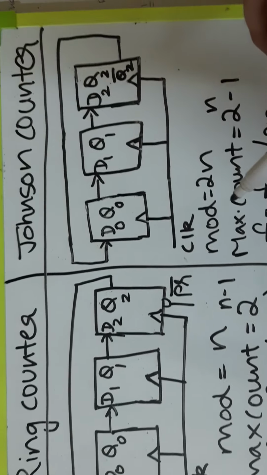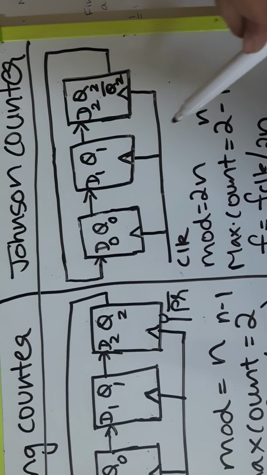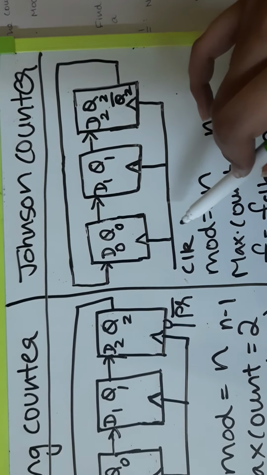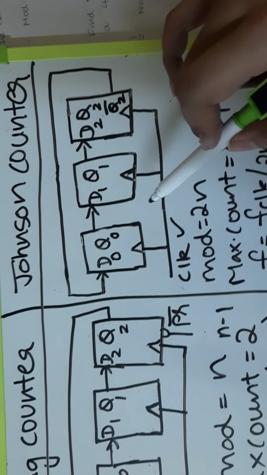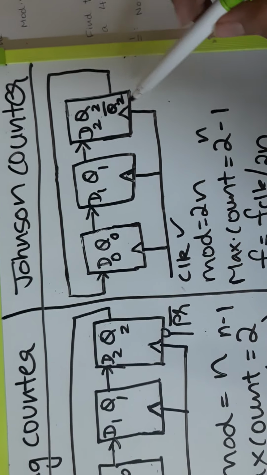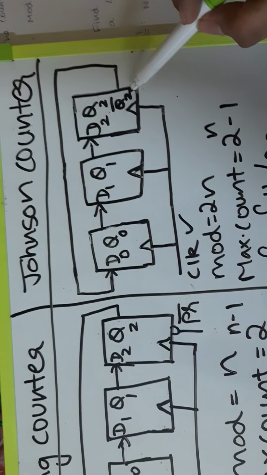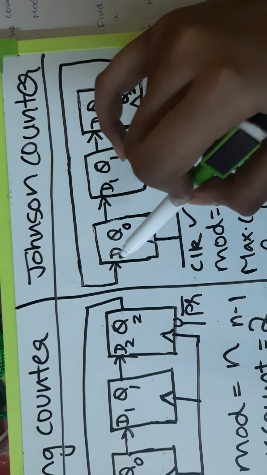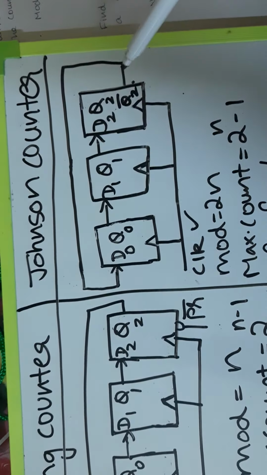Now let's see about the Johnson counter. Here again, since I mentioned it's a synchronous counter, the clock is given to the flip-flops at the same time. And here we see the value of Q2 bar is passed to D0, and based on that the values are changed.